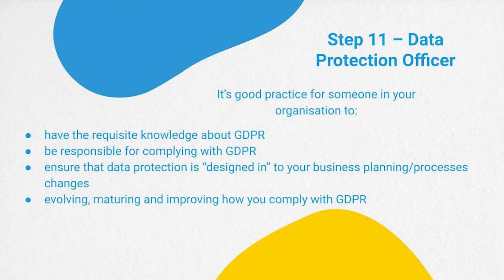Although GDPR doesn't oblige every business to employ a data protection officer, it's good practice for someone in your organisation to firstly have the requisite knowledge about GDPR, to be responsible for complying with GDPR, ensuring that data protection is designed into your business planning, processes and changes, and evolving, maturing and improving how you comply with GDPR across your business.